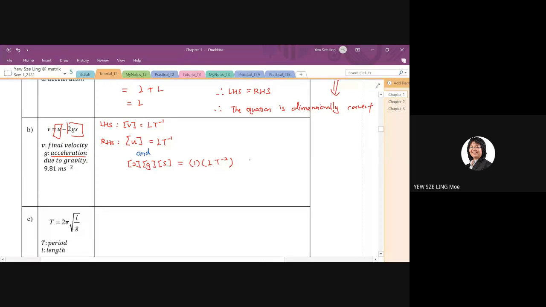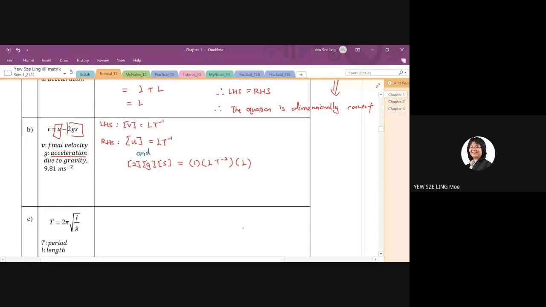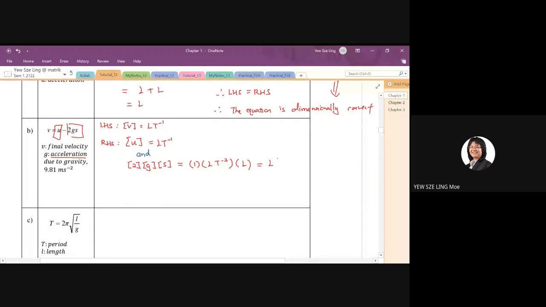And then S is a length, so you have an L here. S is displacement, therefore you have an L. So what do we have as a final answer? It is equal to, now L times L is L squared, so L squared T negative 2.